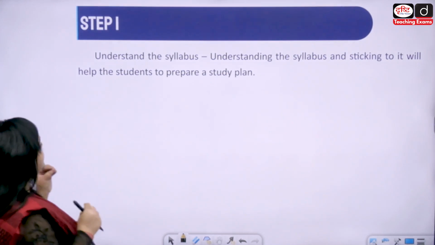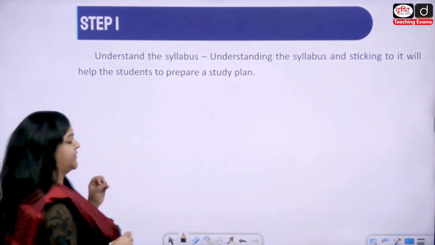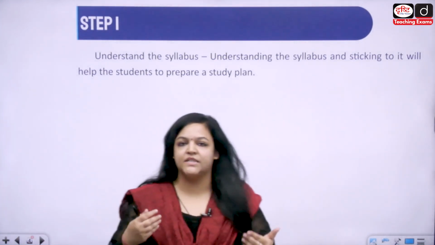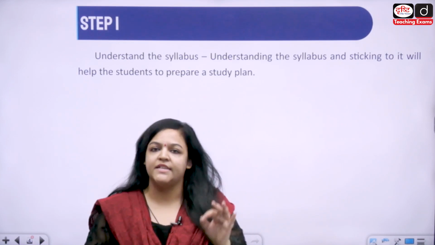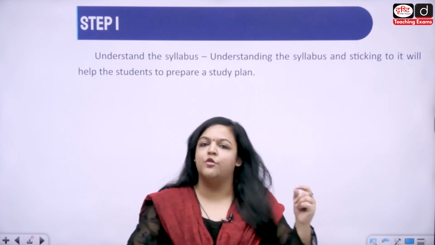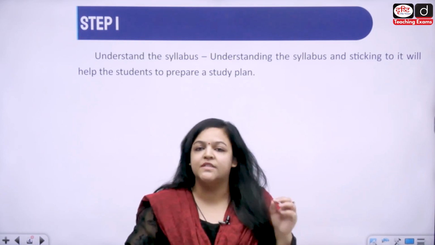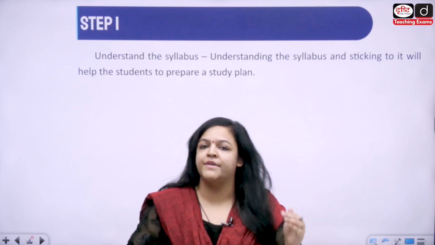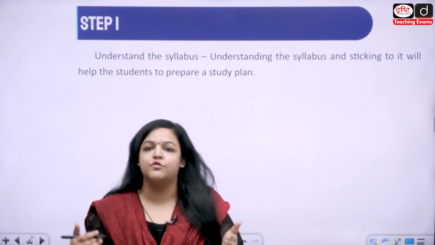Okay, step 1, understand the syllabus, all right? This is the first step that you take once you have decided that yes, you want to appear for UGC NET exams. What you do is you go to the UGC website, you download the syllabus and you see what the syllabus is. What exactly is it asking you to do?